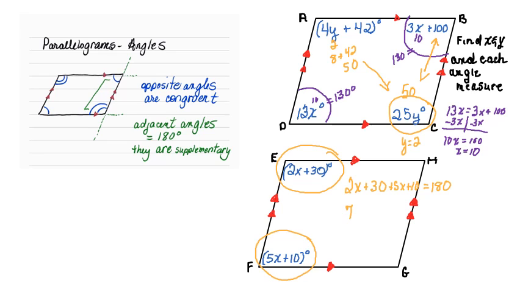So I'm going to get a 7x plus a 40 equals 180 degrees. I'm going to go minus 40. Oh, you've already got this answer. 7x equals 140. That's one of those weird 4s that look like that with the little tent on it. And x equals 20.